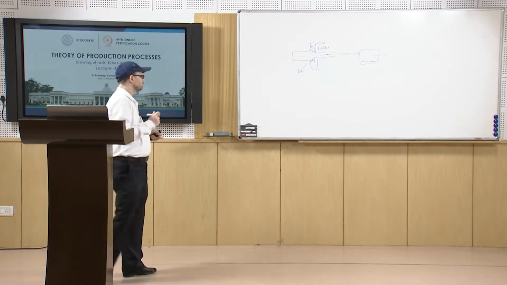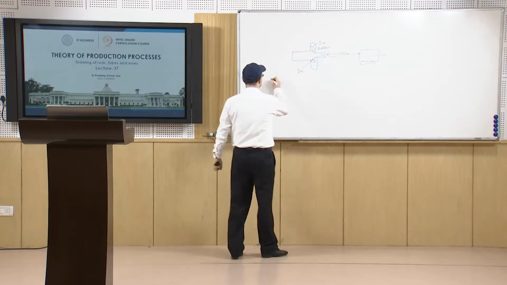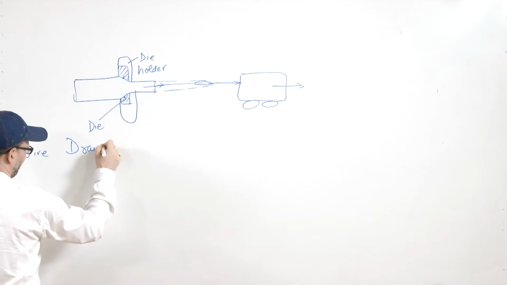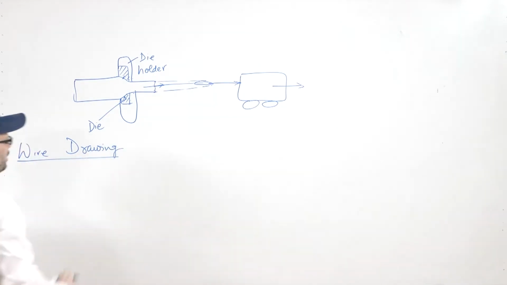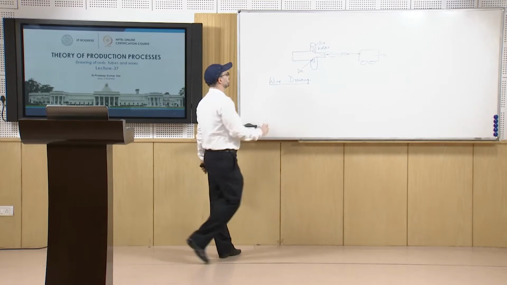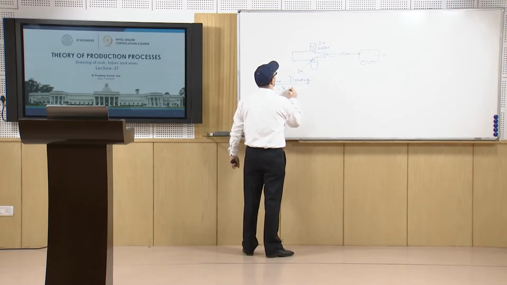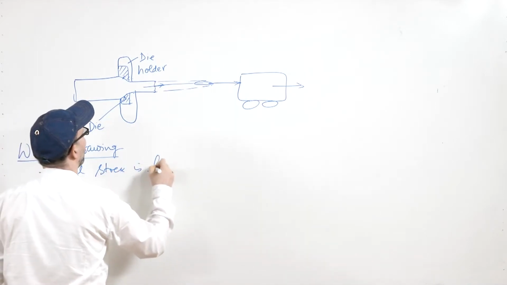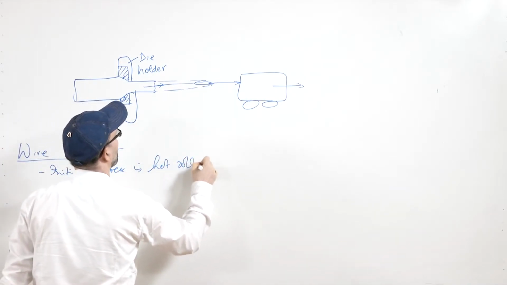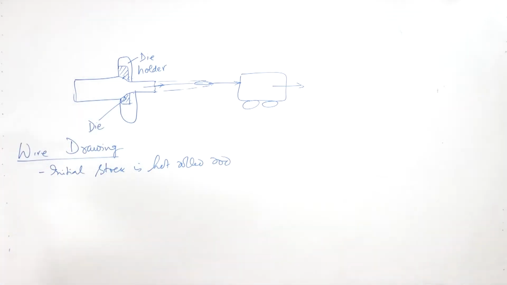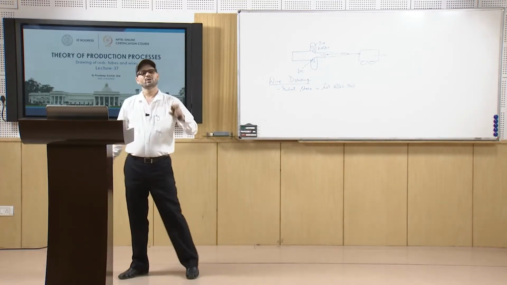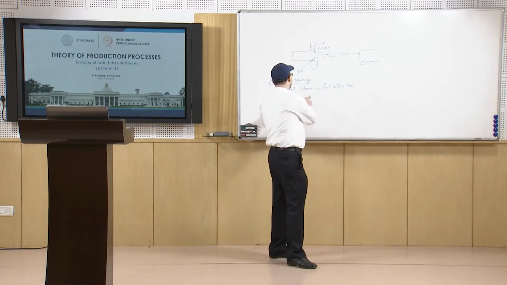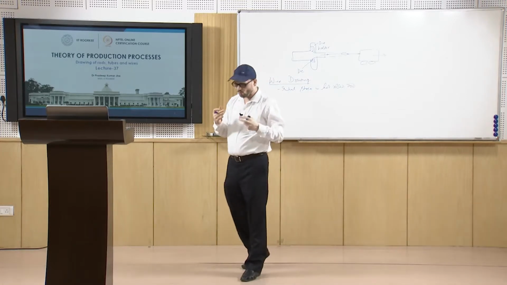What you do when you go for wire drawing: your initial stock is the hot rolled rod. Normally that is the stock which is used for making the wires.